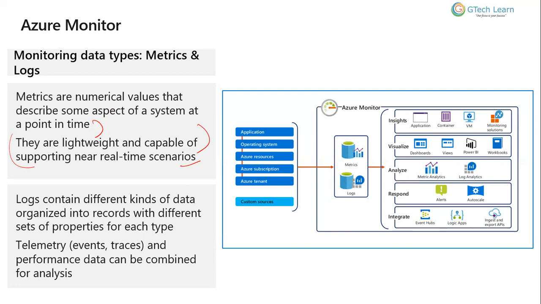It can be combined for analysis purposes as well. That's okay. Azure Monitor also aggregates and correlates data across multiple Azure subscriptions and tenants, in addition to hosting data for other services, because the data is stored together and it can be correlated and analyzed by using a custom set of tools.